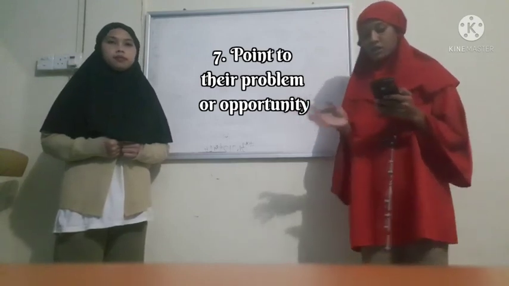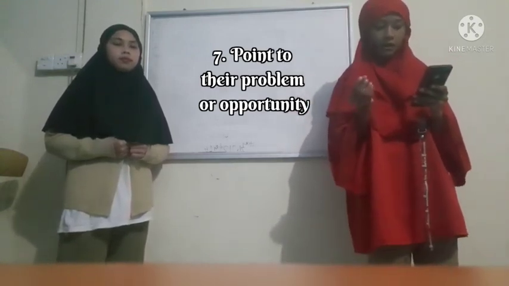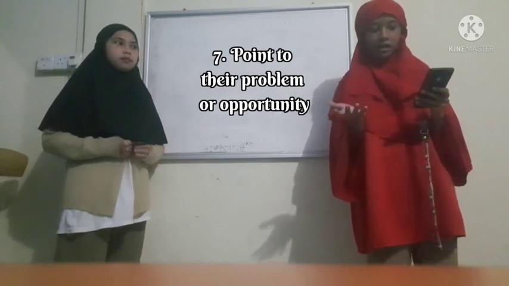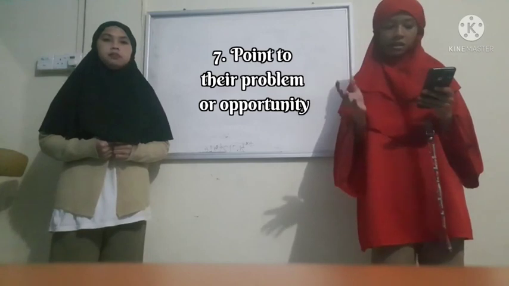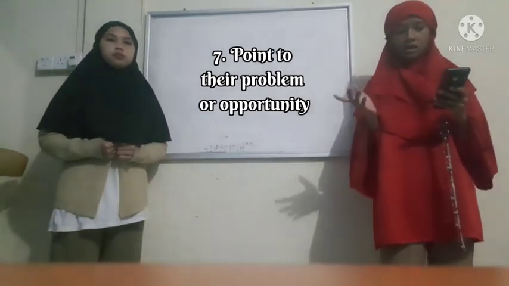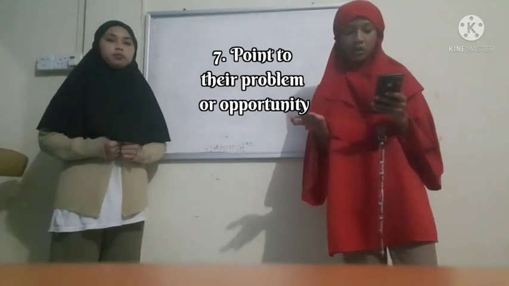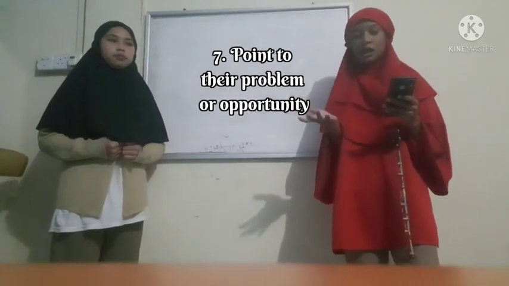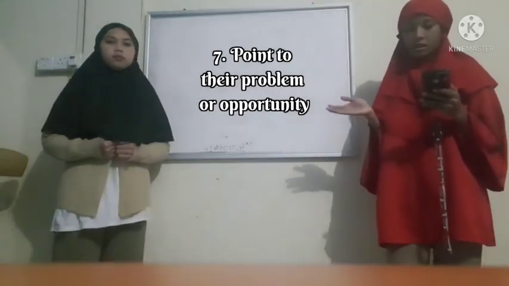For example, you might ask, have you found it difficult to stick to a healthy diet? Then the audience will now want to remain engaged because they want to know the solution and the opportunity that you're offering.